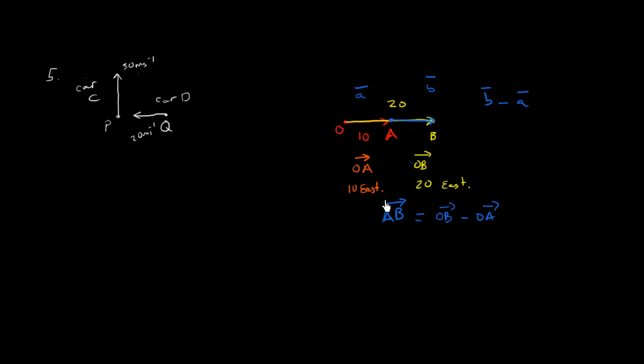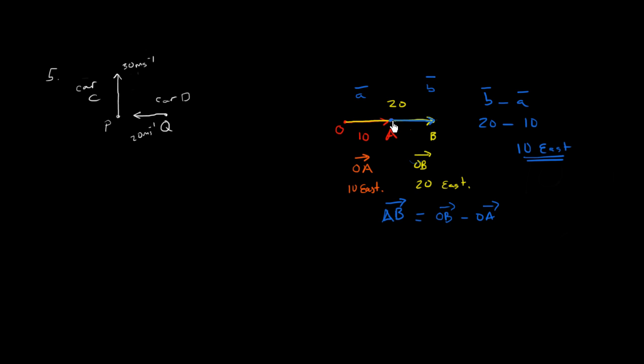So if B is 20, like here, 20 east, and A is 10, then 20 minus 10, it's still positive 10 in the same direction, so that's 10 east, right? Because it's still positive. If it was negative, then it would go west, but since it's positive, it's still in the same direction as these two were at the beginning, which is to the right.